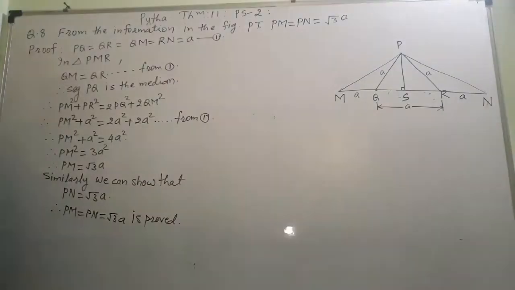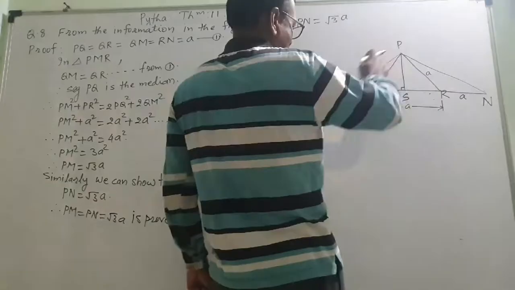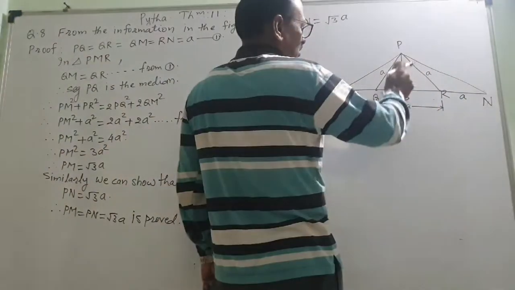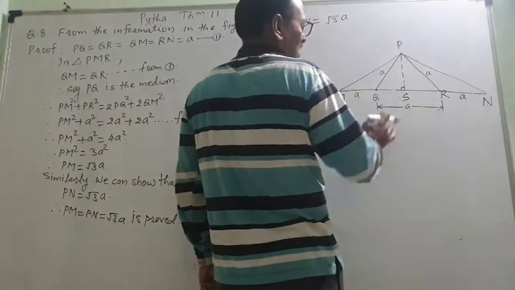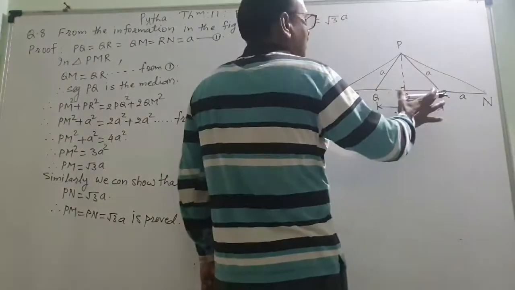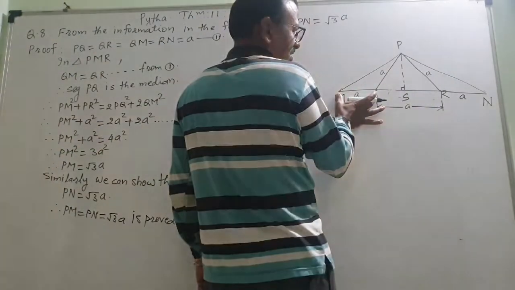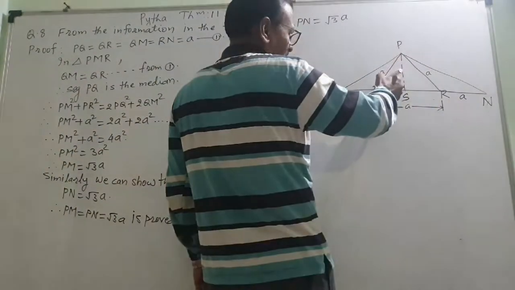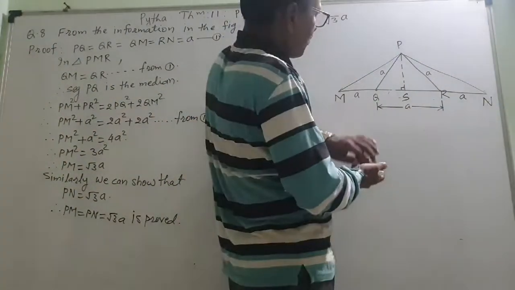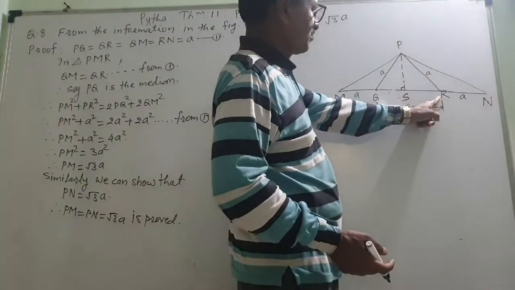QM is equal to QR. In triangle PMR, consider this triangle PMR. Don't consider this now. Consider this triangle. This much distance is A. This distance is A. So this is definitely a median. See this triangle PMR.